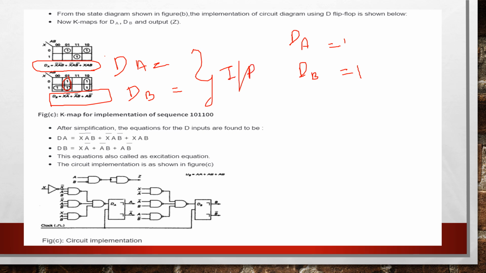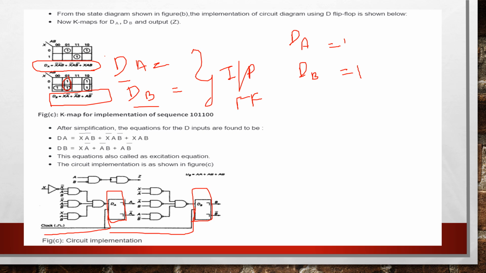Input of the flip-flop, D flip-flop. dA is one flip-flop and dB is another flip-flop. Here we have drawn the dA flip-flop and dB flip-flop. The clock pulse is given simultaneously to both flip-flops, which denotes that this is a synchronous circuit.